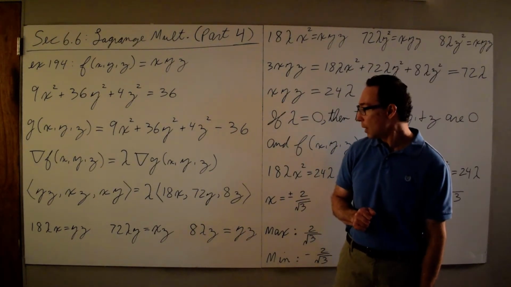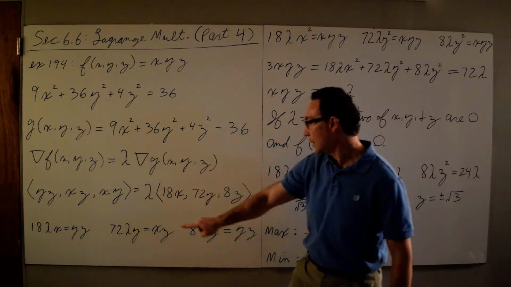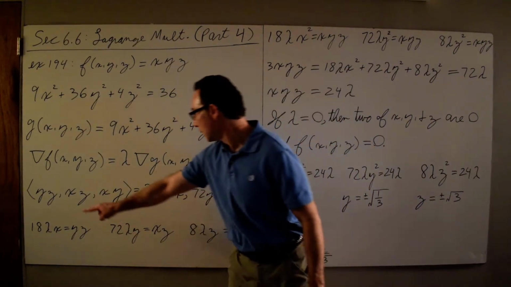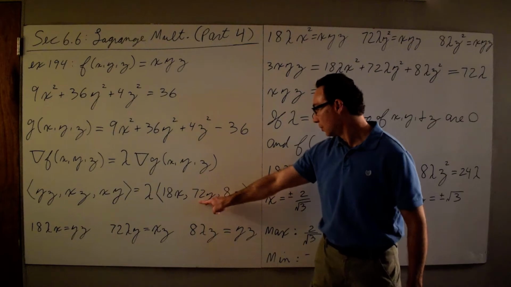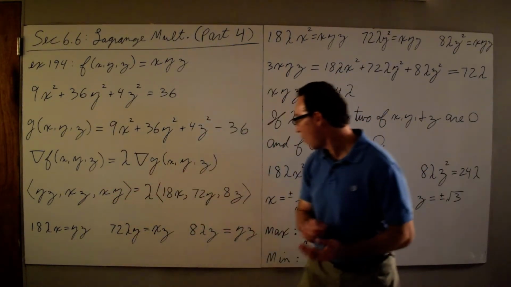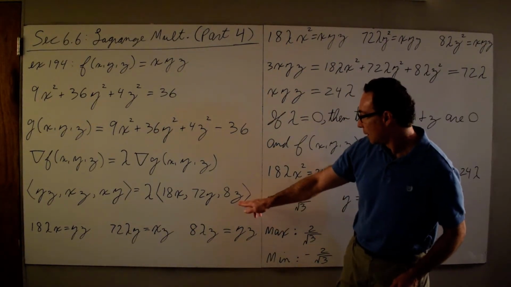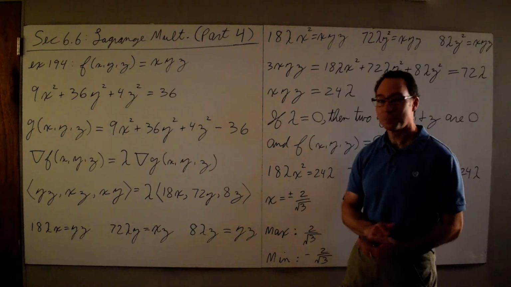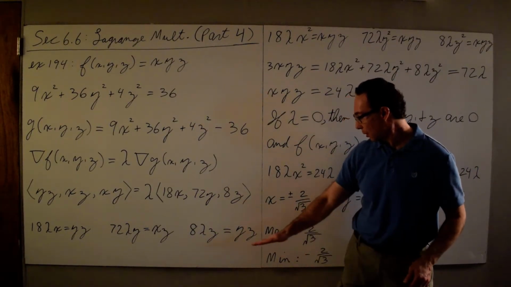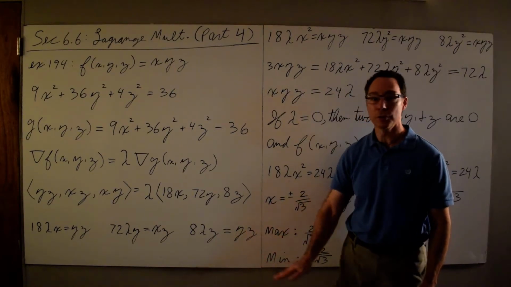From the first components, yz = 18λx, xz = 72λy, and xy = 8λz. So we look at our first, second, and third components, and we have these equations.